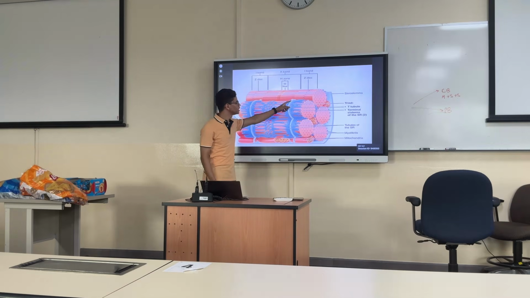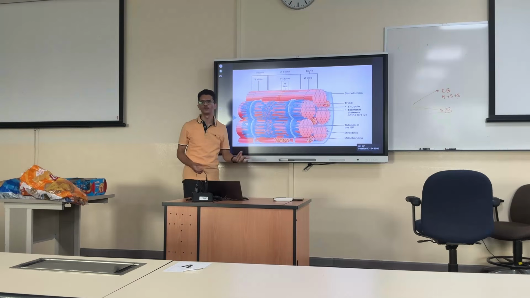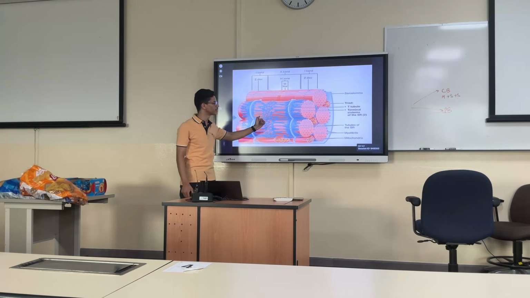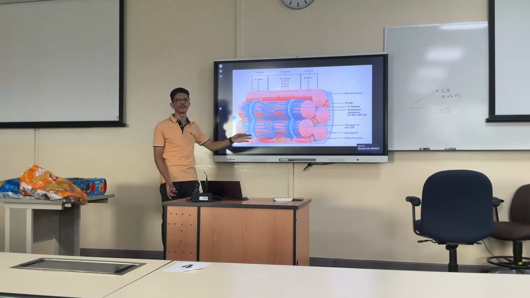And where can we find the T-tubules? On the Z discs, as you can see. And what are T-tubules? They are protrusions of the sarcolemma deep inside the cell or the muscle to reach each and every single myofibril.